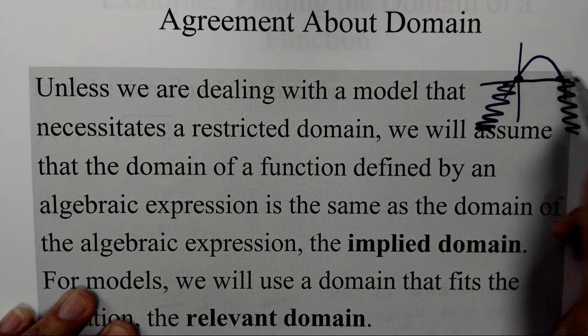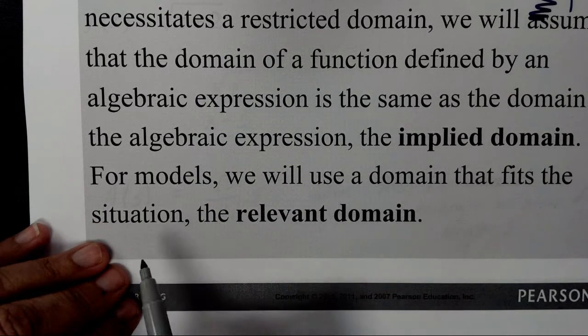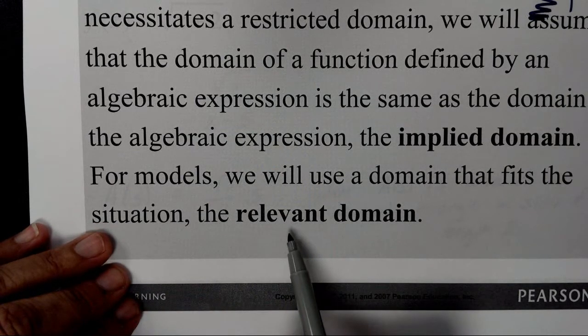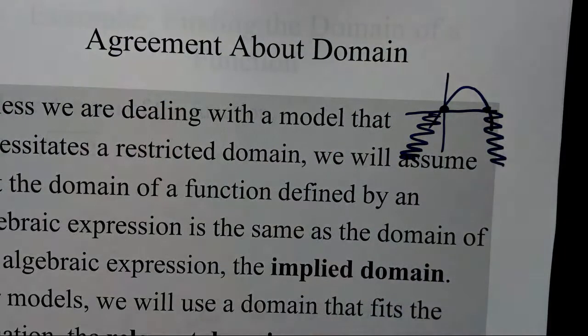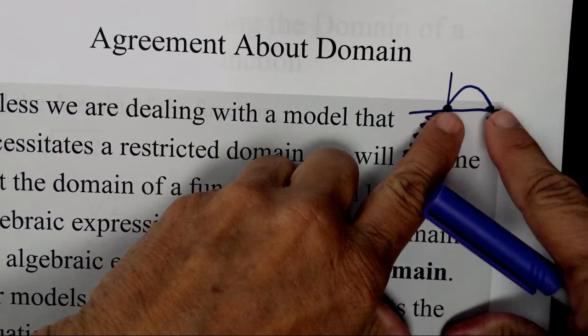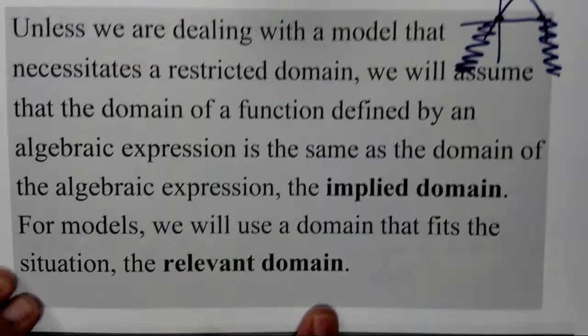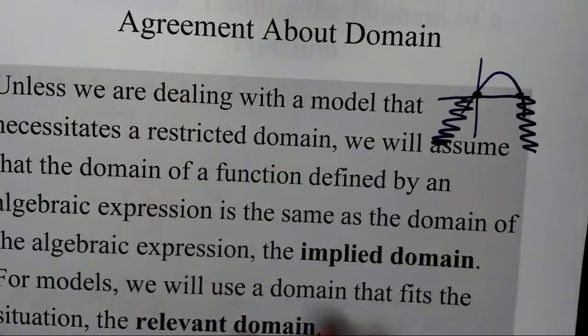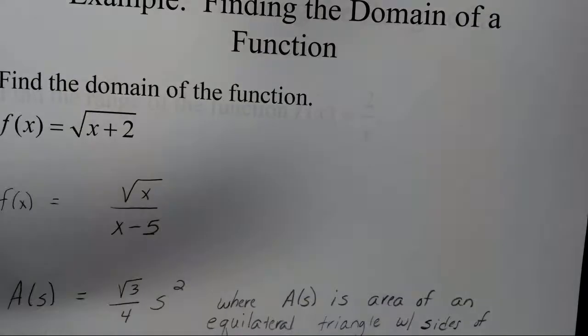Okay? So, for models, we will use a domain that fits the situation, that is the relevant domain. So the implied domain is all real numbers, but for this situation, it's only going to make sense from here to here, so that is the relevant domain. Okay? If I don't need to make it relevant, then I'll just use the implied domain of all real numbers.